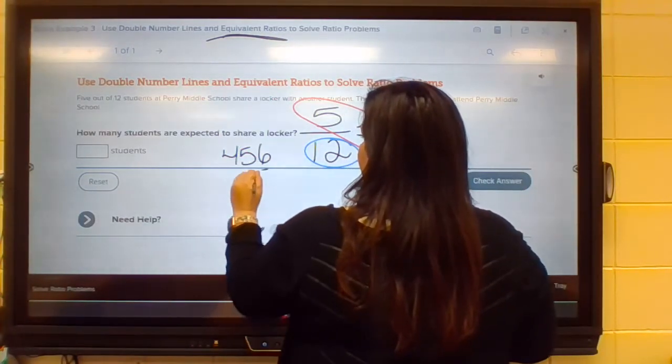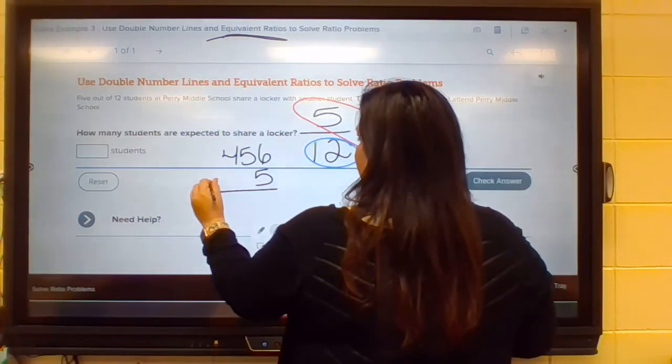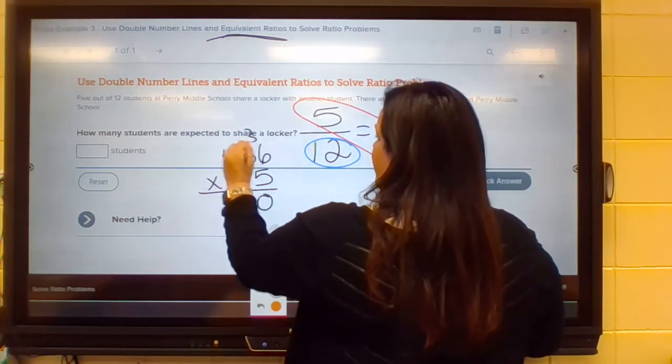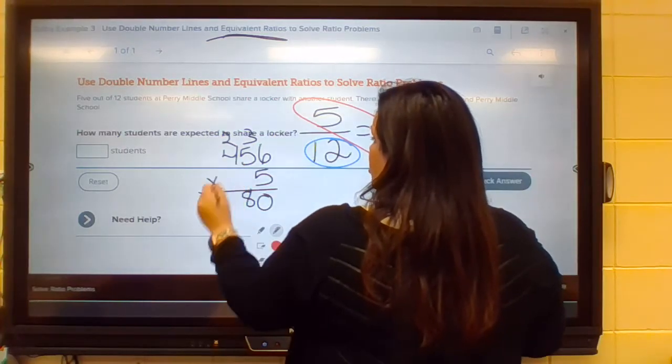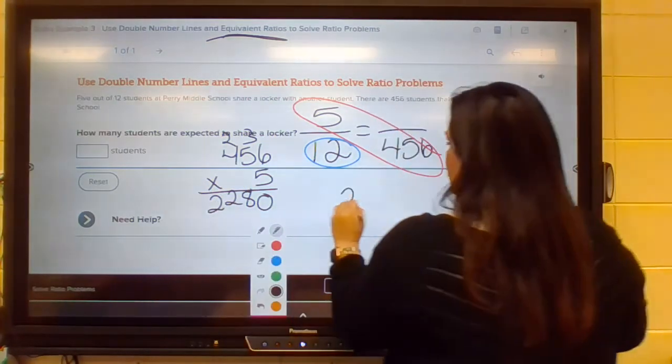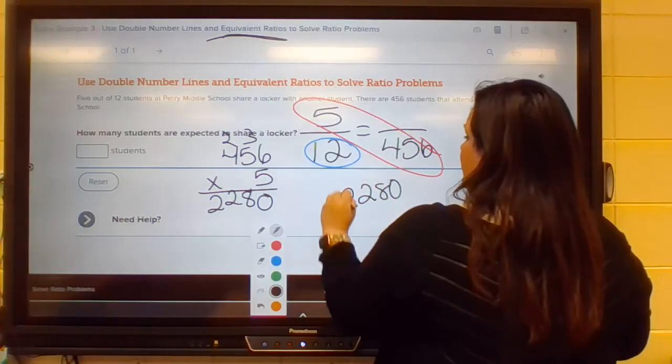456 multiplied by 5, I'm sorry, is 30. 5 times 5 is 25, 28, 22. So now we have 2,280.